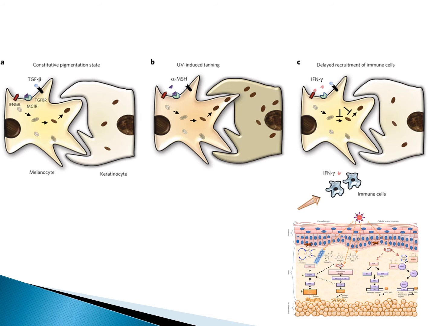So you have IFN-gamma, and this is basically acting to inhibit certain elements of the production of melanin, reducing the melanocyte from stimulating melanin, and then as a result you have a hypopigmentation.